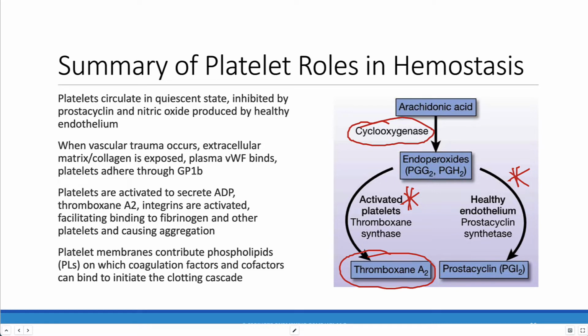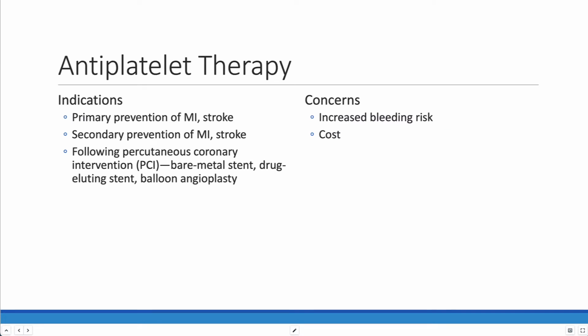All right? So review the platelet roles in hemostasis because we need to talk about antiplatelet therapy because we use it a lot, right? We use it for prevention of MI and strokes, or what I call the vascular stuff. We use it to prevent vascular events. Now, what's the difference between primary and secondary prevention? Well, primary prevention is where we're trying to prevent a first heart attack or stroke.